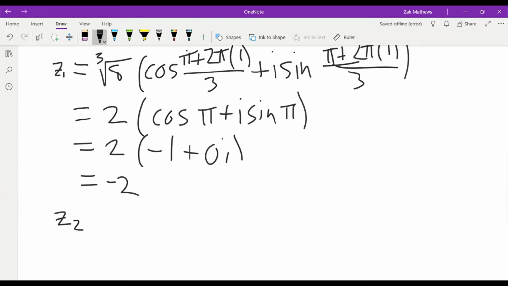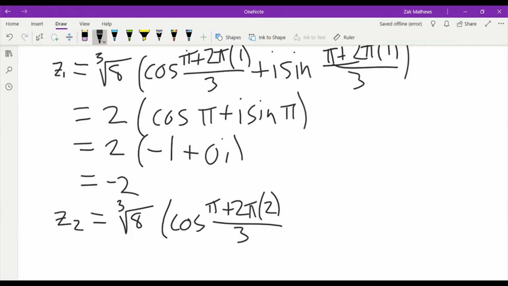And let's find the last one, the third of our roots. So I'm looking for z2. Still going to take the third root of 8, have cosine of pi plus 2 pi. This time the k changes to a 2. And sine has to look exactly the same.